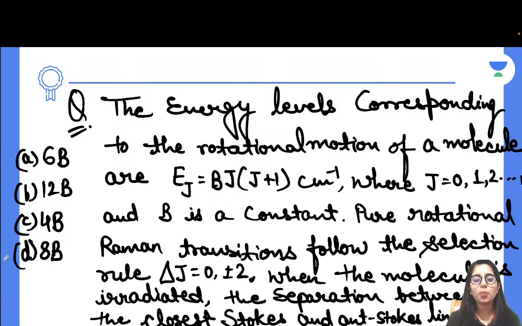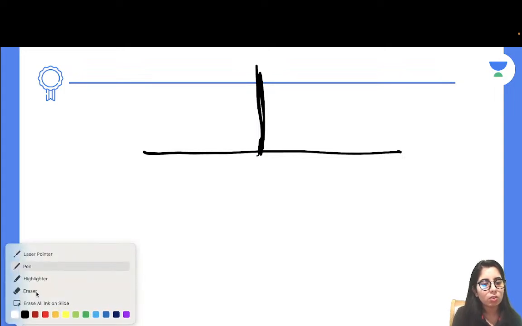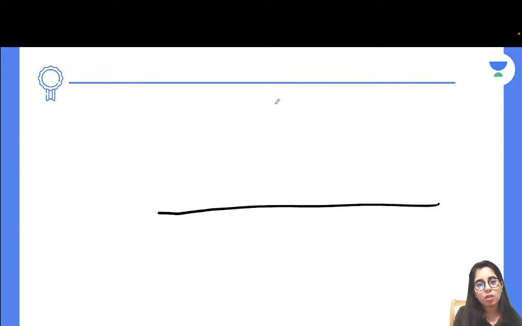Then on both sides, we will have two different lines, Stokes and anti-Stokes. So this is Rayleigh, or we also call it the excited line. Let me just draw it again. The other ones you are going to have are the Stokes and the anti-Stokes lines.